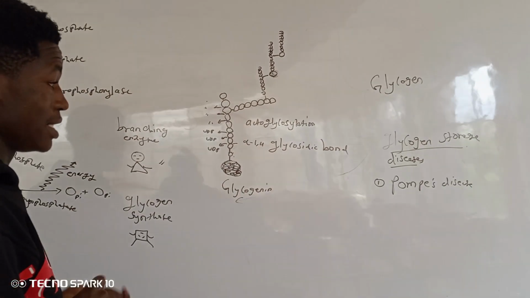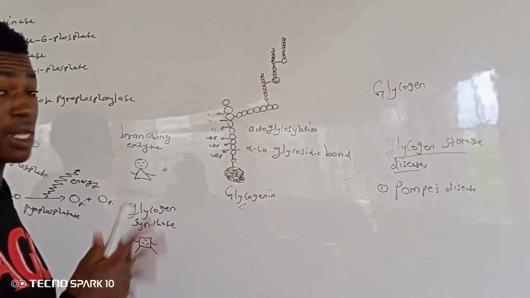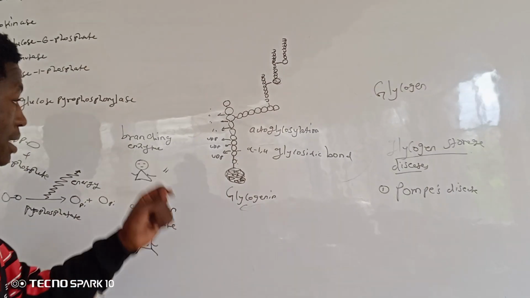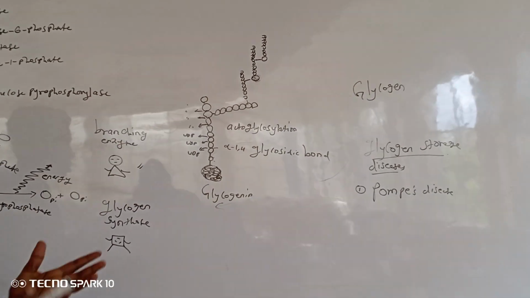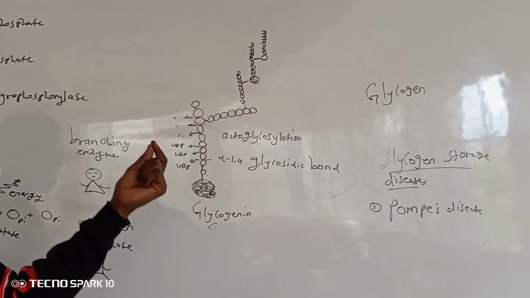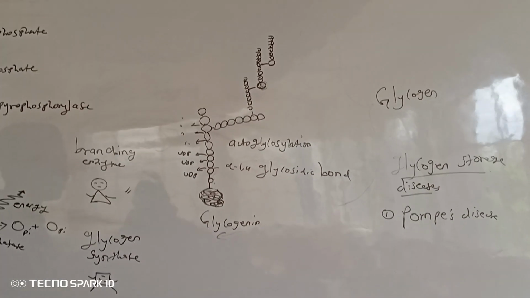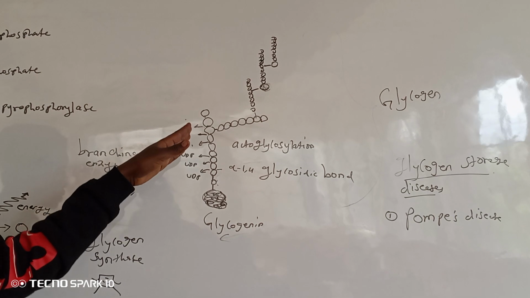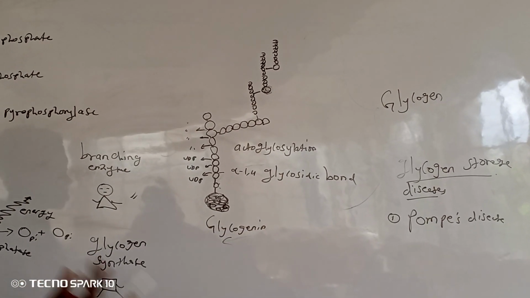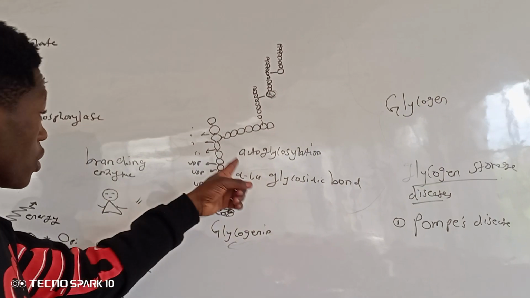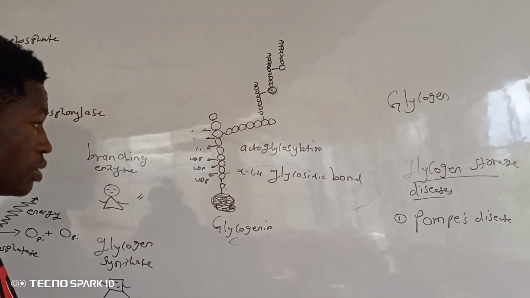Pompe's disease is a disease that occurs when there is a deficiency of an enzyme called lysosomal maltase. Lysosomal maltase is an enzyme that breaks the alpha 1,6 glycosidic bond so that you can have the individual glucose molecules, right? So when you don't have lysosomal maltase, there will be no way you can break down these alpha 1,6 and 1,4 glycosidic bonds, mostly in the lysosomes. So glycogen is being stored, but you can't break it down.